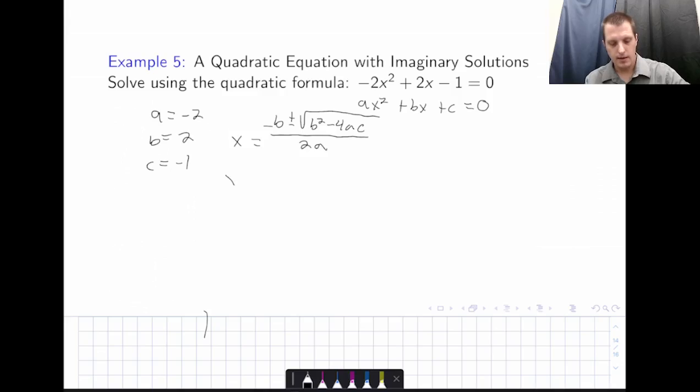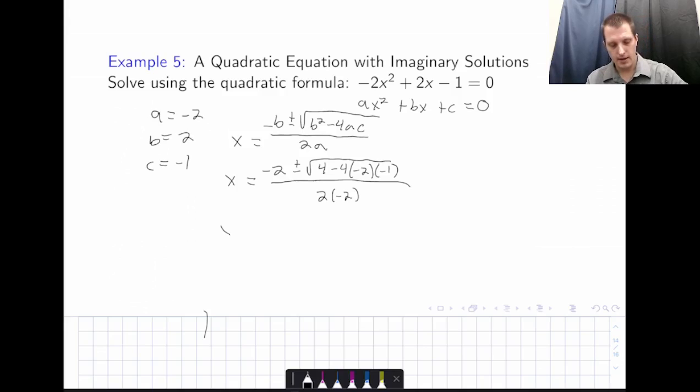And we'll plug in. x is equal to -2, the opposite of our b, which was a 2, plus or minus the square root of our b squared, which will give us a 4, minus 4 times our a, which is -2, times our c, which is -1, all over 2a. Oh, but our a is -2.